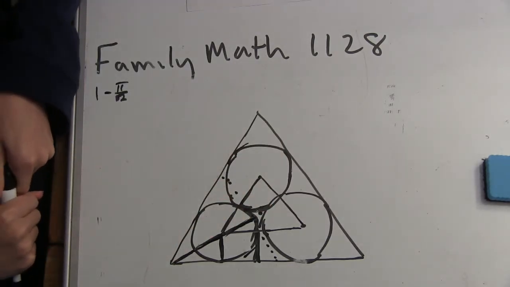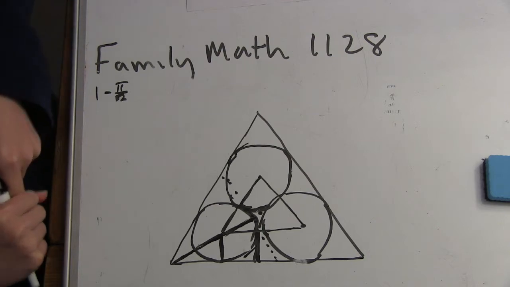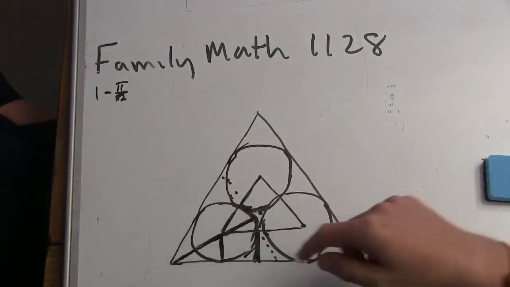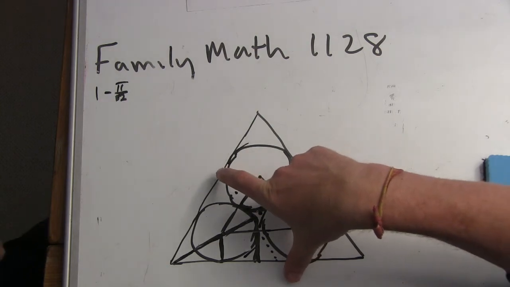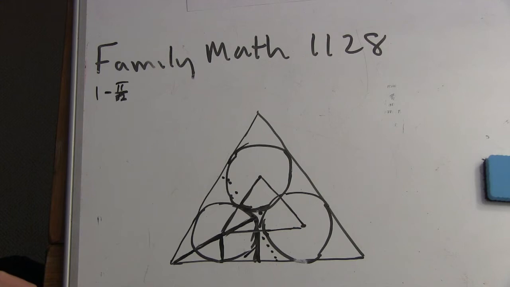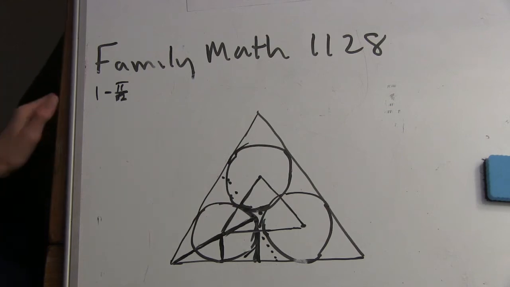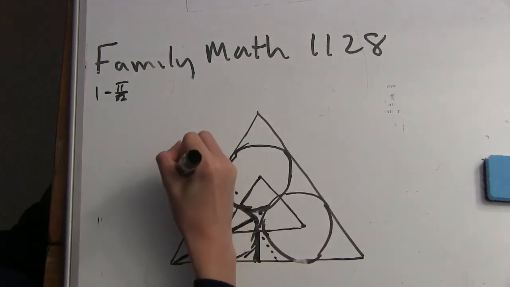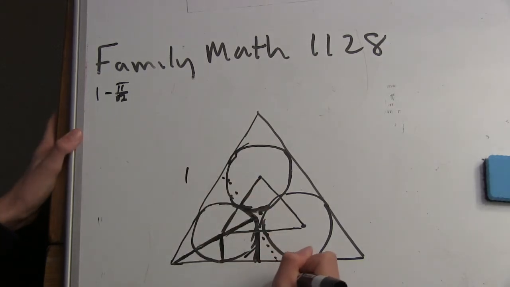I think the difficulty with that is going to be that when we try to do that we don't know how long this length is. But yeah, it's an interesting idea. We have to try to relate the radius of the circles to the side length of the triangle.